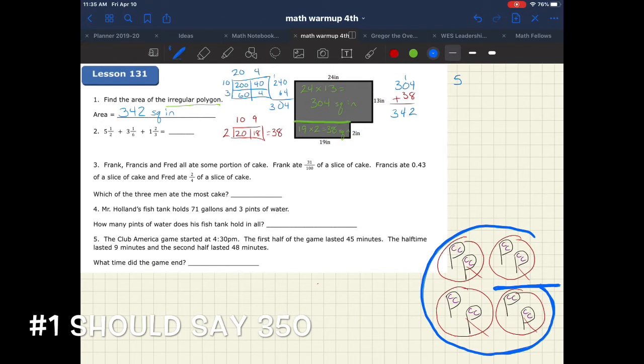I've got 5 1/2, 3 1/6, 1 2/3. So I am looking here at the 2, the 6, and the 3, and I want to know, can I make these all be the same by doing some multiplying or dividing? Knowing my facts, I can see that I can multiply both 2 and 3 and make them be 6.